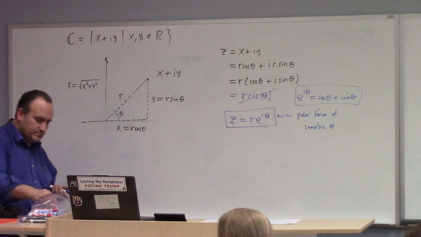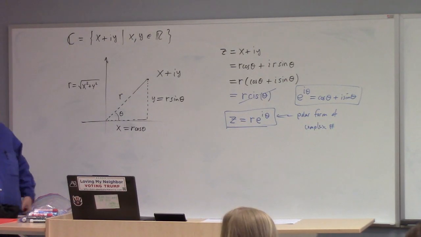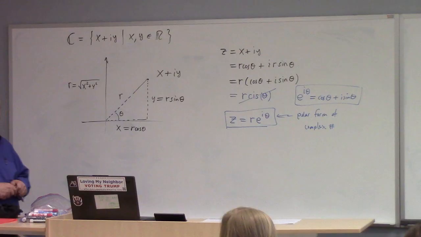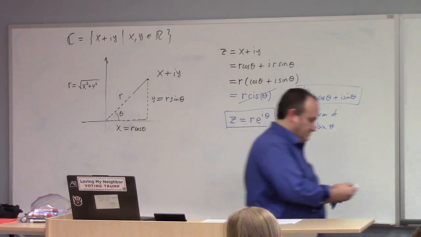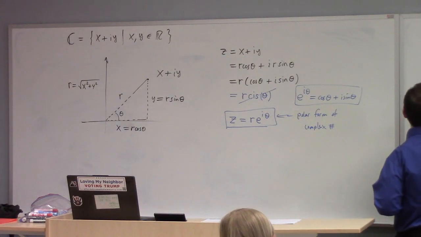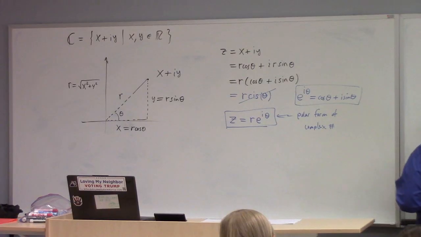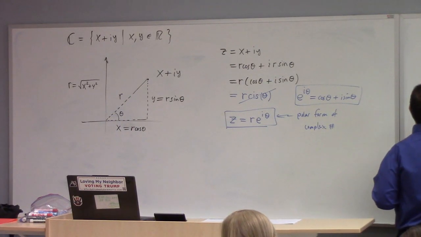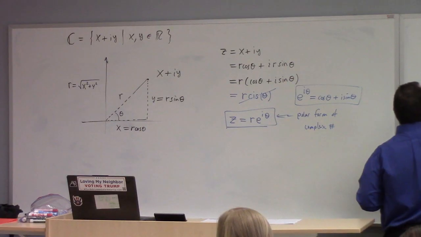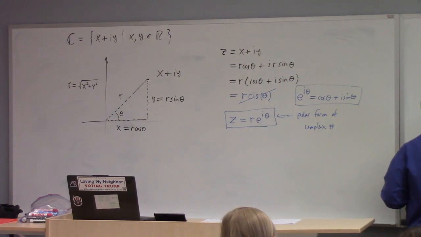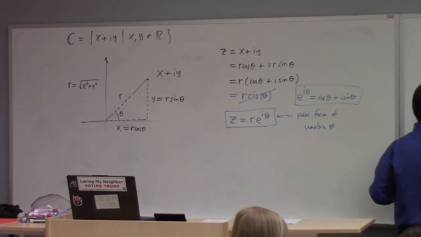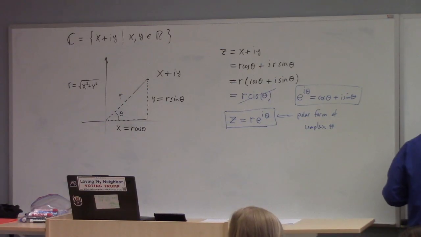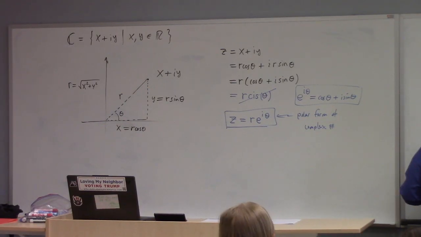Now, what happens if you have two complex numbers, right? How do we multiply complex numbers? Suppose I have z is x plus iy and w is a plus ib, right? z times w is what? We got xa minus yb plus i times xb plus ya.